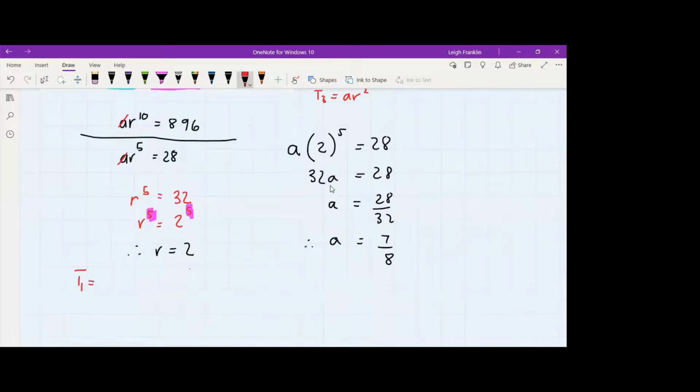Term 1 is 7 over 8. Term 2 is going to be, what are you guys getting? Are you getting 7 over 4?